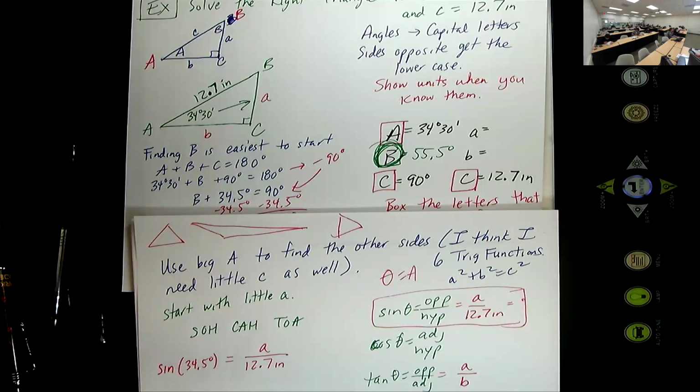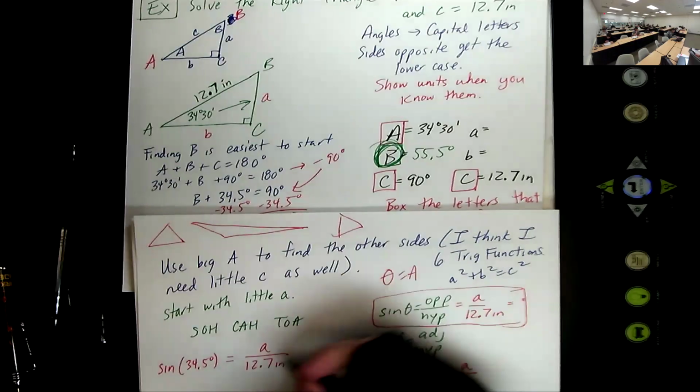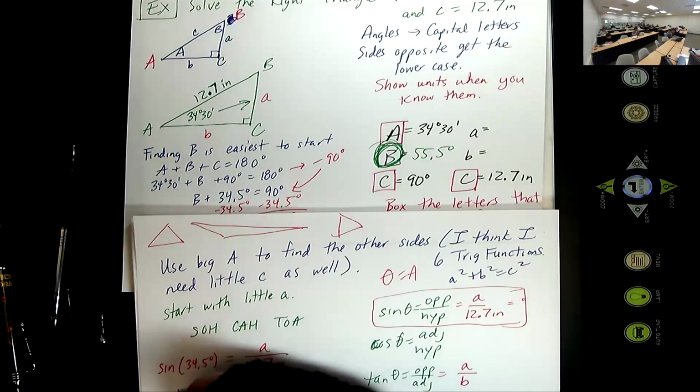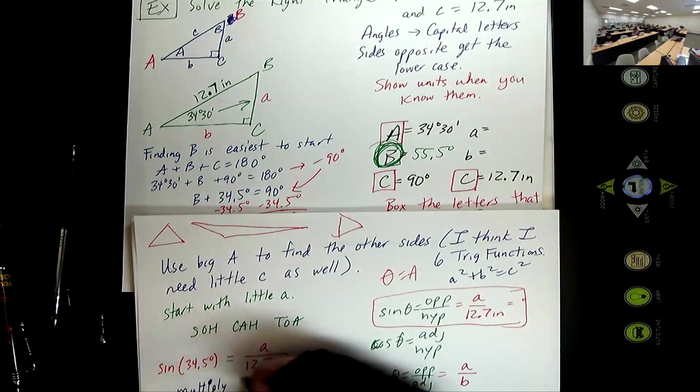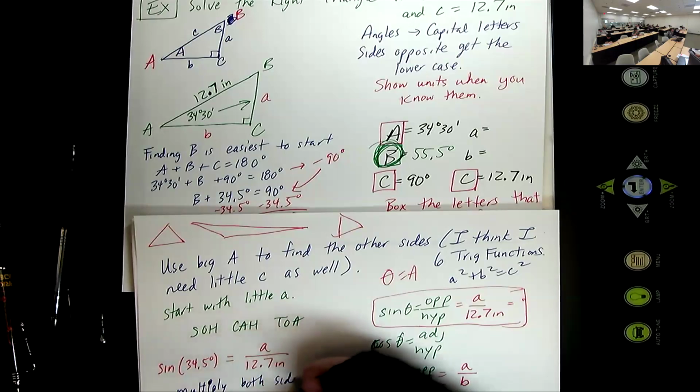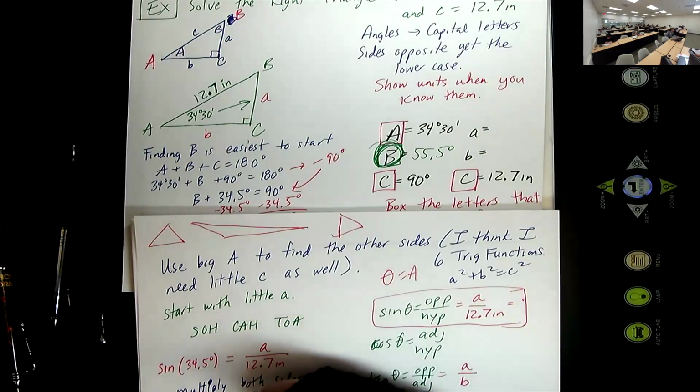Guys with me? We can solve for A by saying forget fractions. So what we're gonna do is multiply both sides by the 12.7 inches.